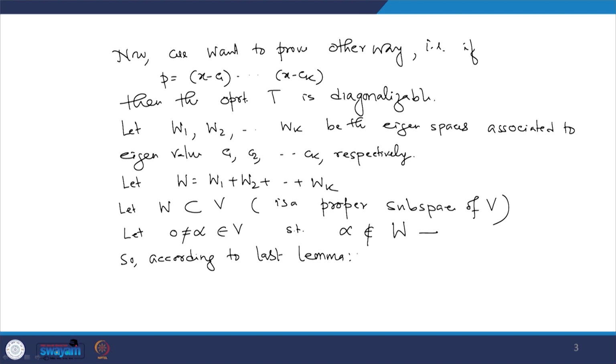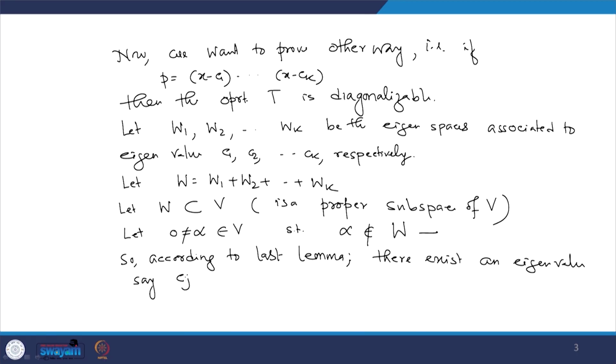So, I am not writing the statement of the lemma. I can simply say that according to the last lemma, there exists an eigenvalue say Cj.